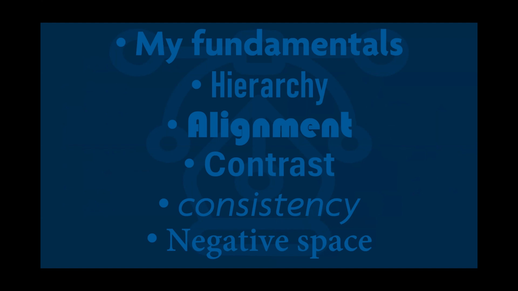The hierarchy of information on a page, and by information, I mean both text and images, is really important. On this page, there's no real hierarchy. The only thing that kind of stands out here is the word alignment, and that's because it's a big, thick font. It kind of stands out. Sure, there's a hierarchy of top to bottom, which is what people usually read things in, but that's it.